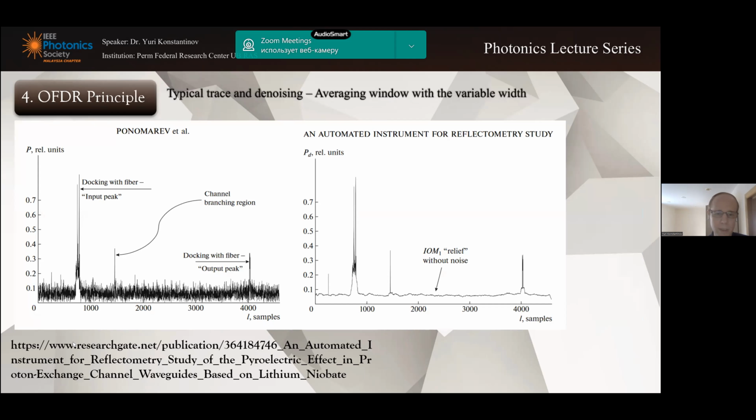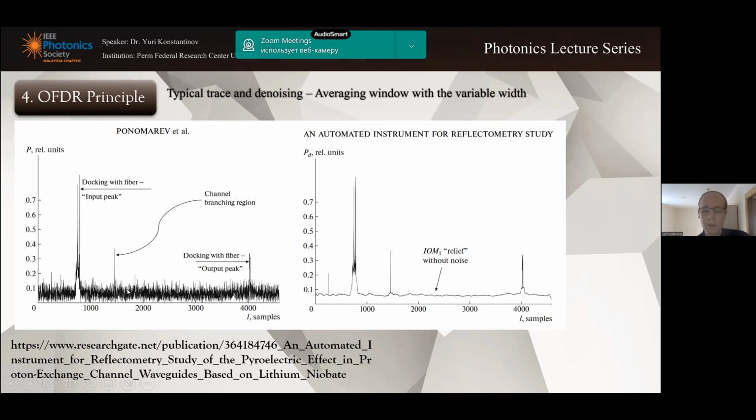The reference says that it's about a modulator, an integrated optical element, which has about 5 centimeters length. And we need to see not only the reflections within these elements, but we also need to see the relief within this element. And to do this, we need to provide denoising.